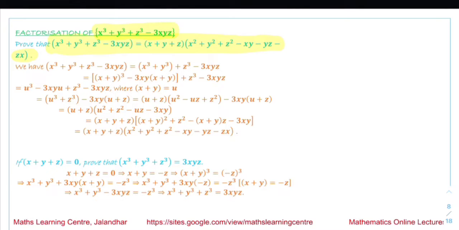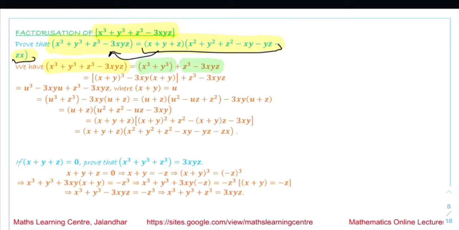Now if we have to prove this formula, one thing we can do is start solving this side and show that the answer is equivalent to this. The second thing we can do is group the terms of the expression given to us. How are we grouping the terms? We have grouped the terms x cube plus y cube, and the second term is z cube minus 3xyz.